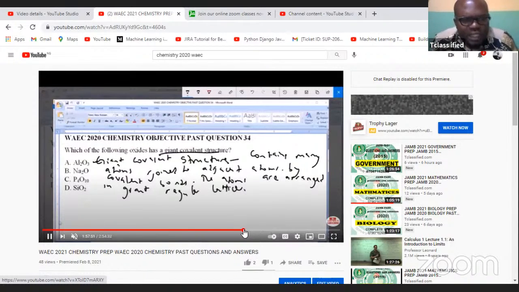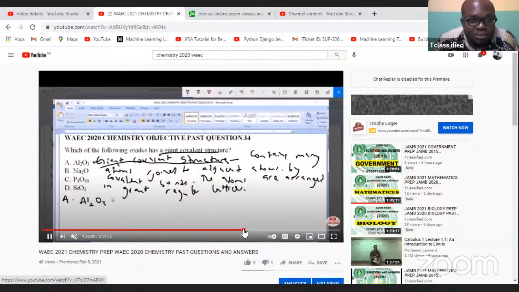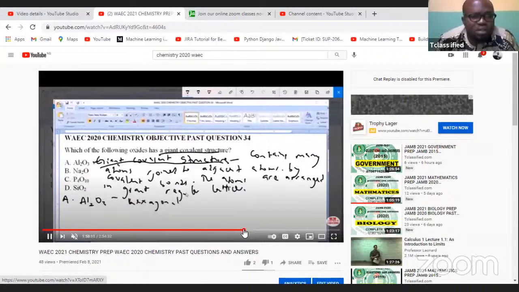Which of the following oxides has a giant covalent structure? So I put C. I said I put C. Okay. So what is giant covalent structure?